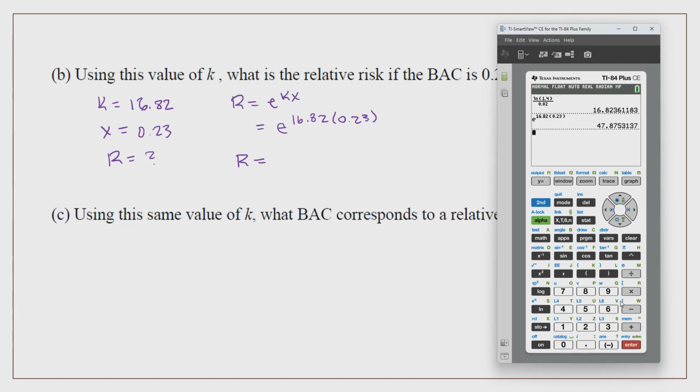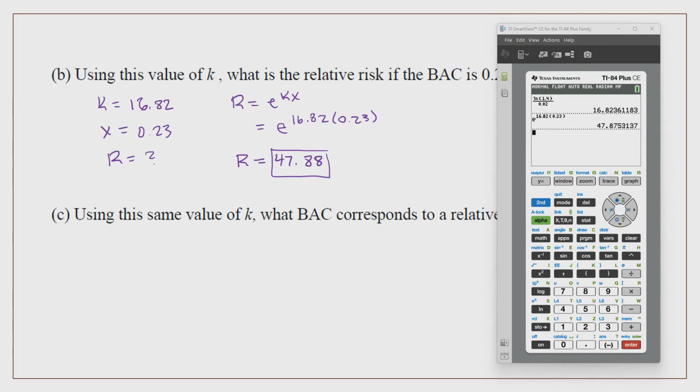Enter. Okay, and I get R equals 47.88. We'll round to 2 decimal places. Okay, so this means a person with a BAC of 0.23% is 47.88 times as likely to have a car accident as a person with no alcohol in the bloodstream.